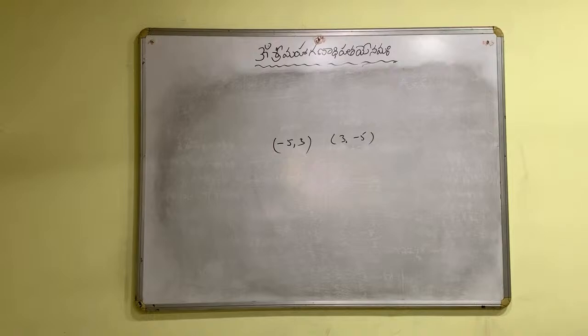Second and fourth, correct. -5, 3 lies in the second quadrant. 3, -5 lies in the fourth quadrant. Very good.